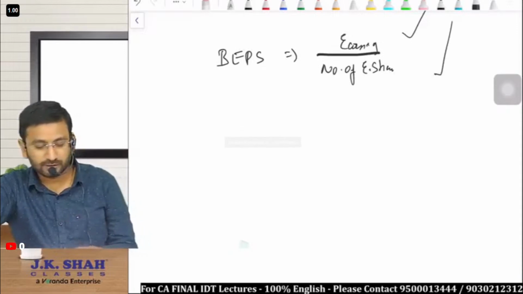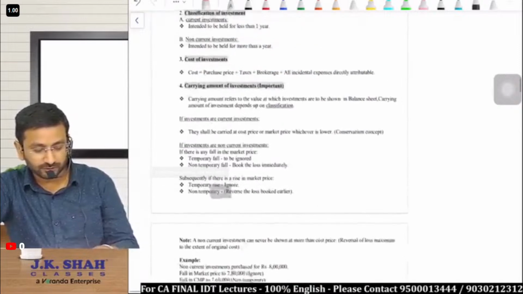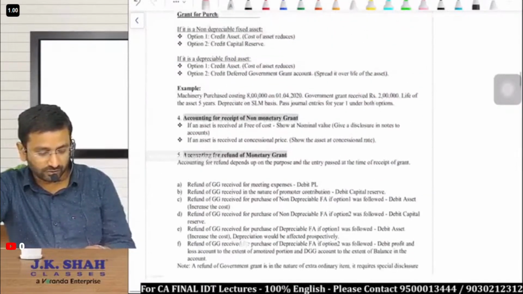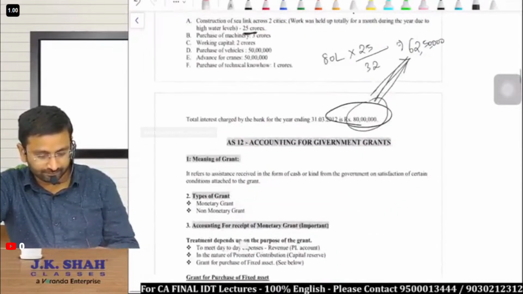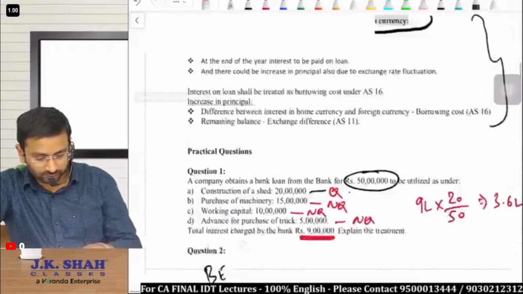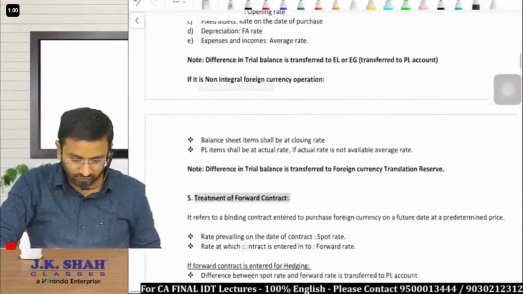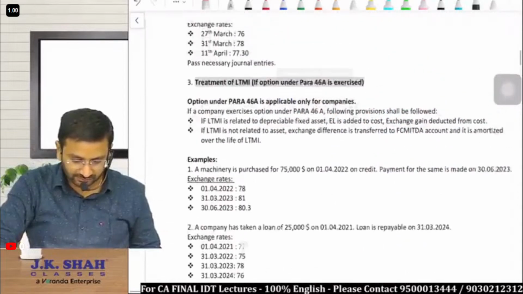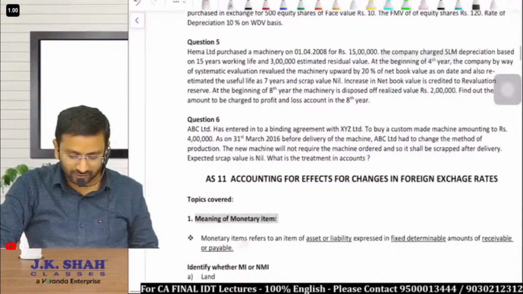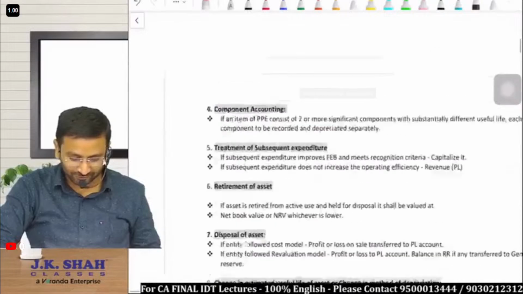Please open the material, earnings per share. Where is it? Before 26. Where is 26? After 20. Before 4.